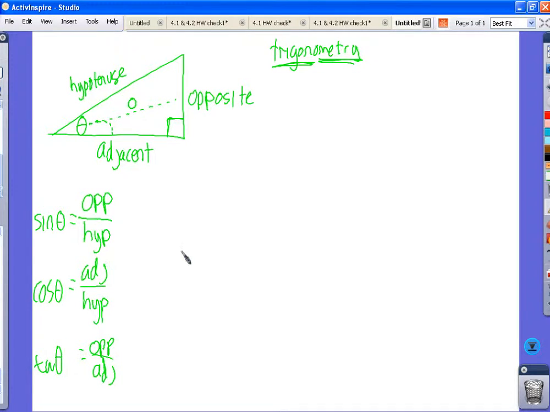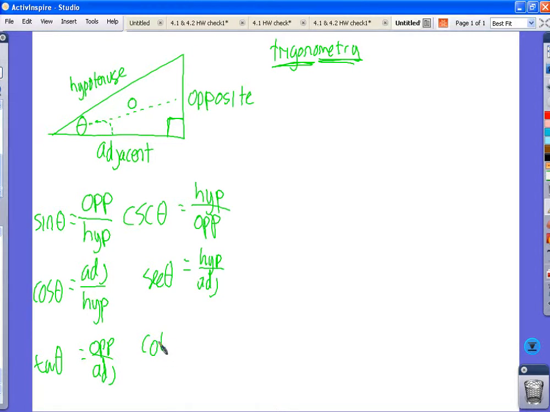Now, like I said, you can make those three, and then you can flip them all over. So you can take the hypotenuse over the opposite side. The cosecant. Cosecant of an angle is the hypotenuse over the opposite side. This one's secant. The hypotenuse over the adjacent side is the secant.